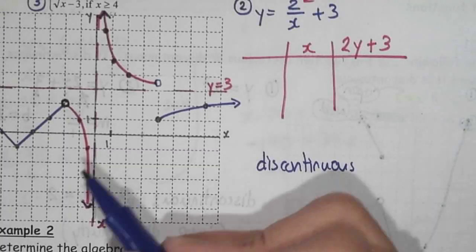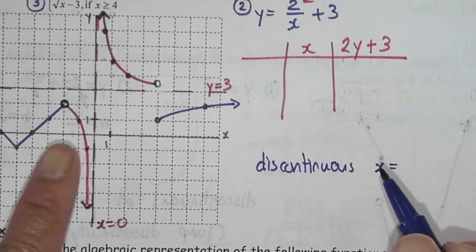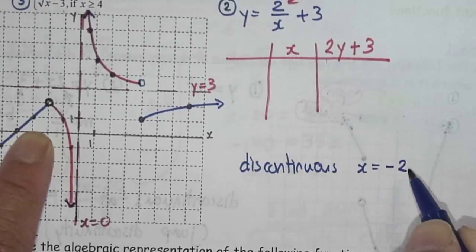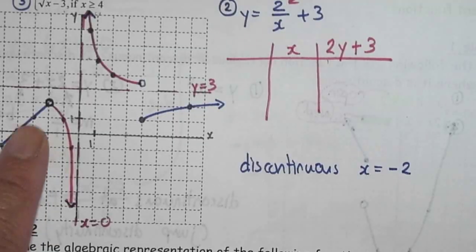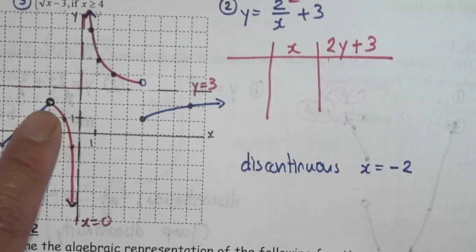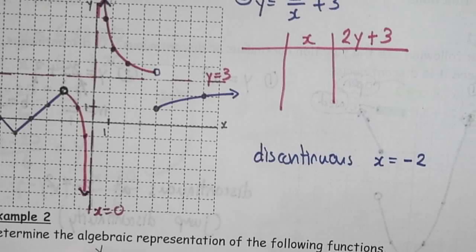And it is discontinuous, right, at x equals, this would be -2. And what type is that one? This one here, that's discontinuous. What type? Yep.